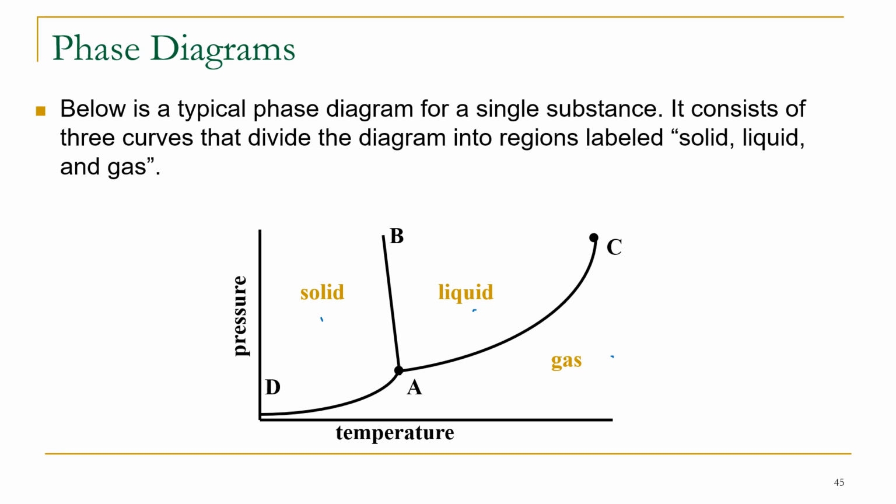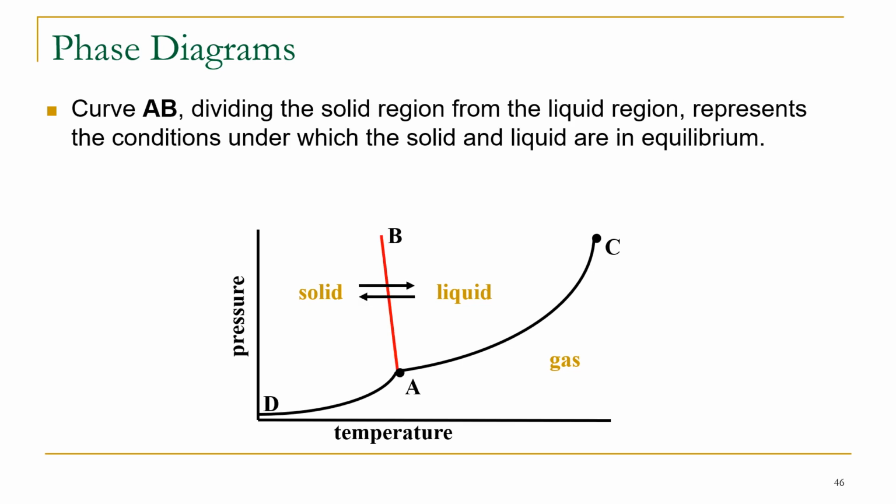So let's look at each of these in order. So this line between A and B, and this dot should really be right there, so it's kind of hard to see. Okay, so this line AB is the boundary between solid and liquid. So that would mean anywhere on this line, I am at the melting point.